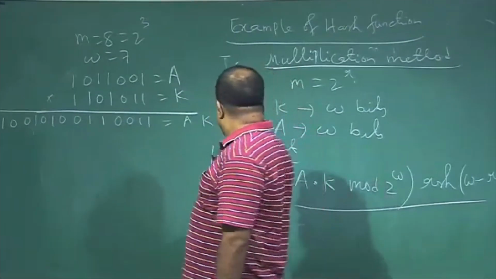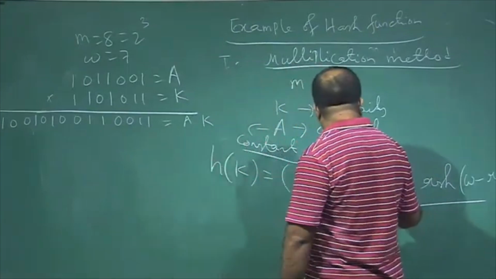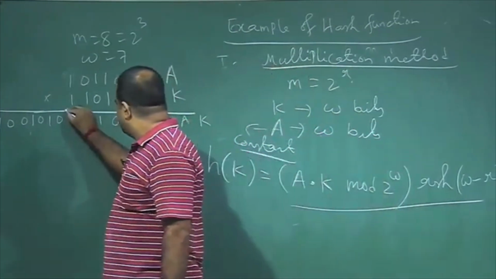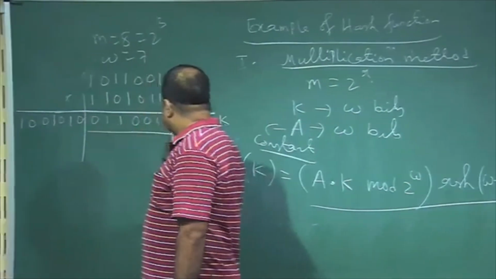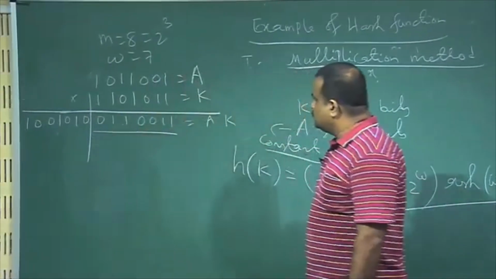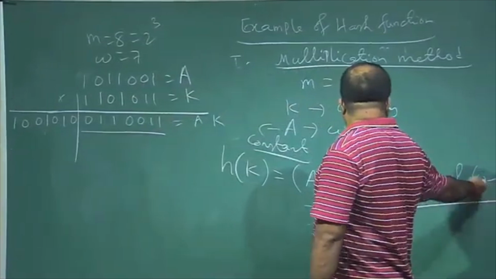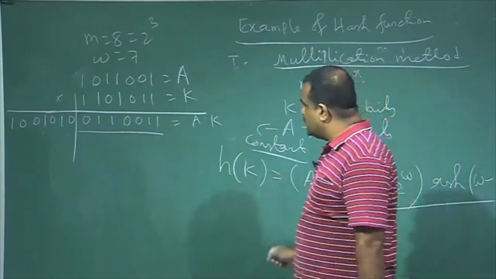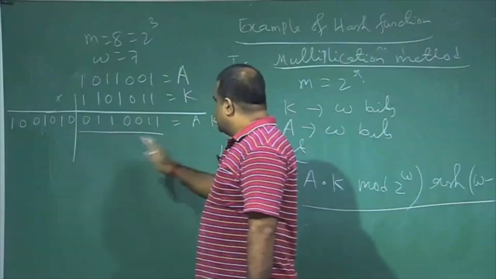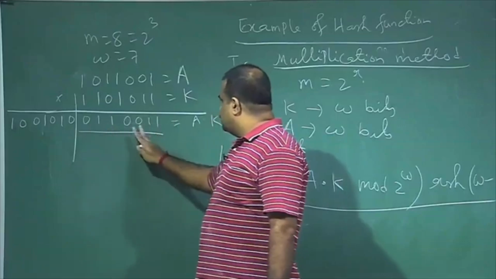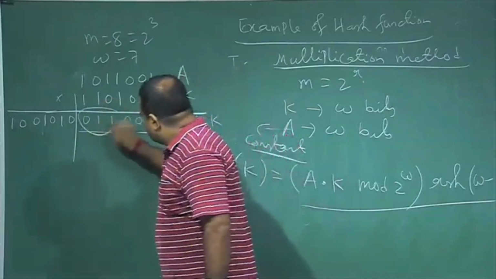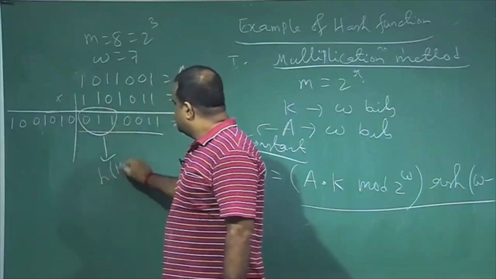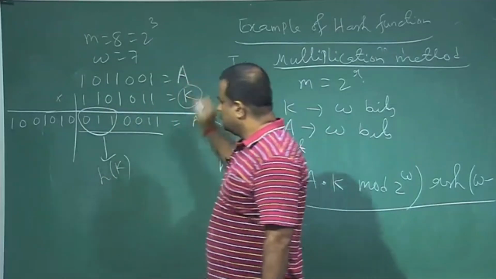Now, if we want to make it 7 bit again, we take mod 2 to the power 7, which gives us only this. Now, we apply the shift of w minus r. W minus r means 4 times we do the right shift. So, this is gone, this is gone, this is gone, this is gone, and only this one is left. So, this is our h of k for this k.